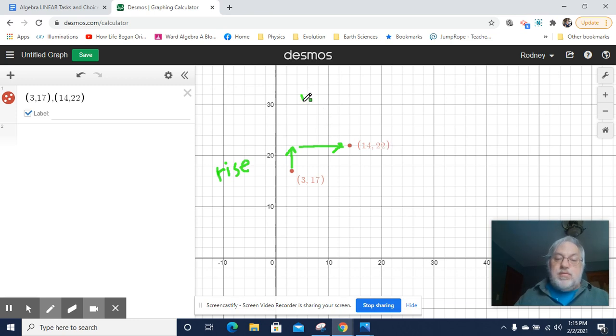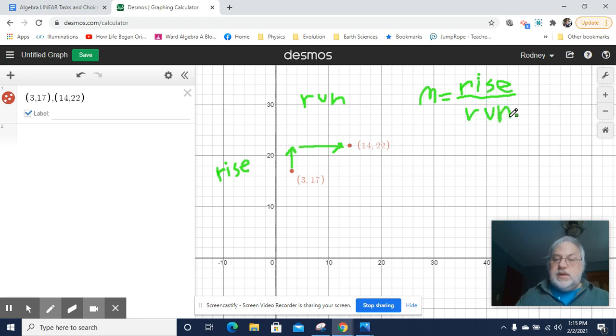This here is the run. Okay, and when we find slope, we divide the rise by the run. So slope is going to end up being the rise divided by the run, and I'm going to use a fraction bar to indicate divided by, rise over run.